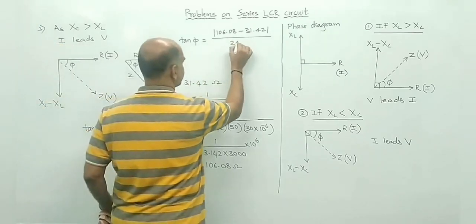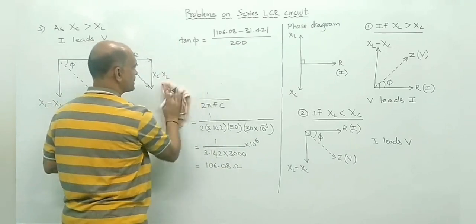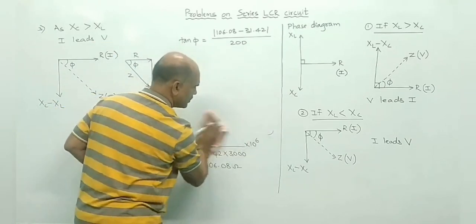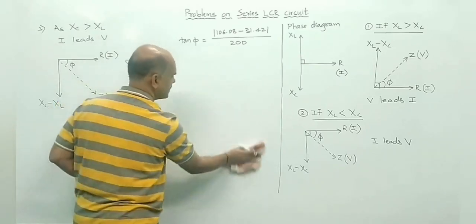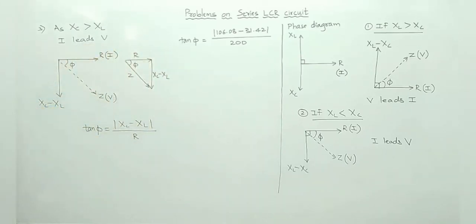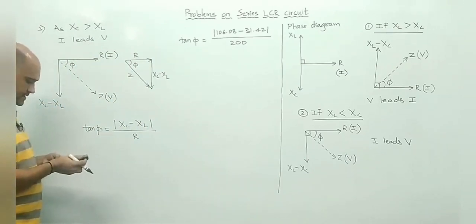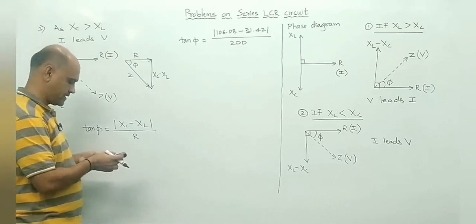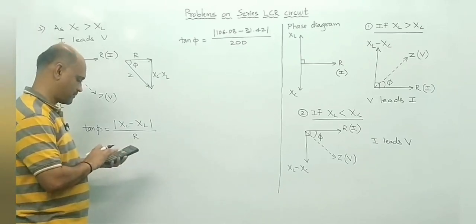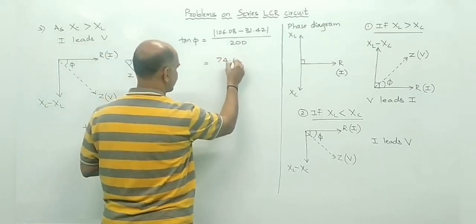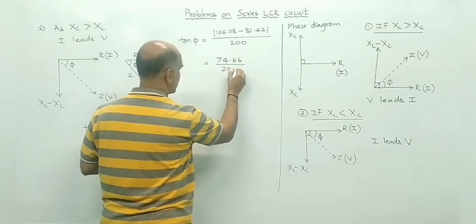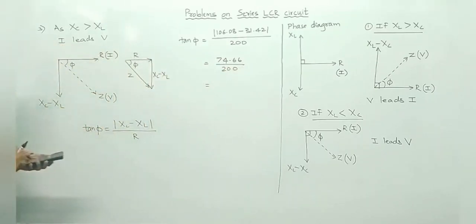You simplify this, you will have the value of tan phi, then again use the trigonometric table to find phi. So 106.08 minus 31.42 is 74.66, divided by 200.